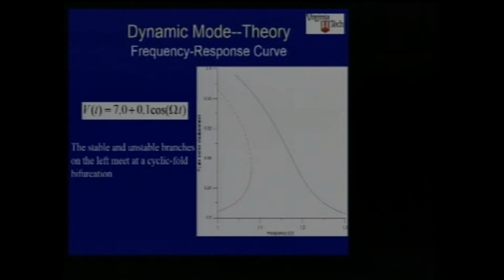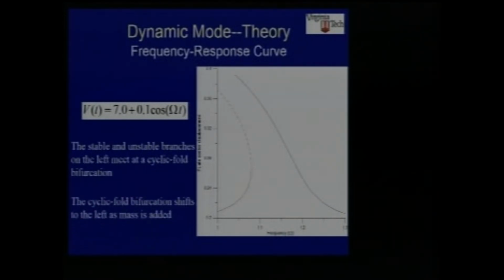Suppose we put the system operating somewhere in here, at a frequency just to the left of the cyclic fold. If we add mass to the system, the cyclic fold will move to the left.